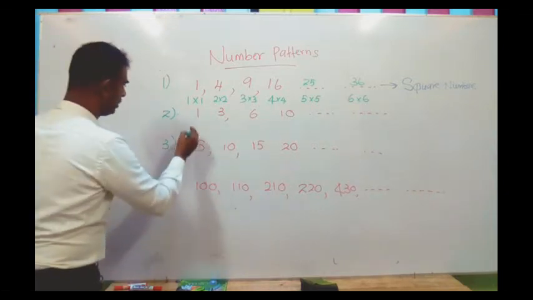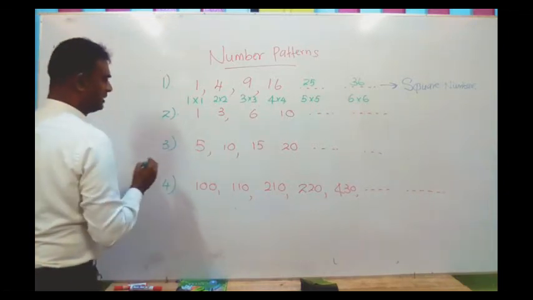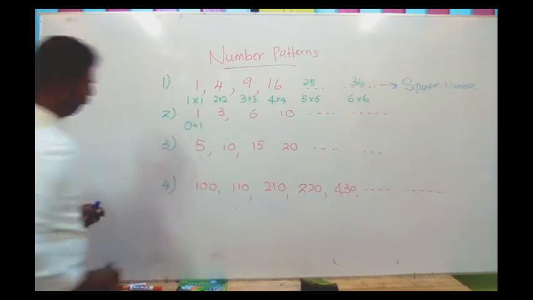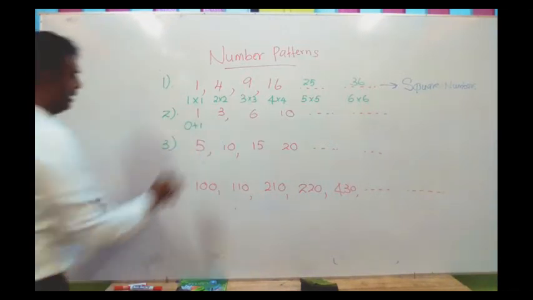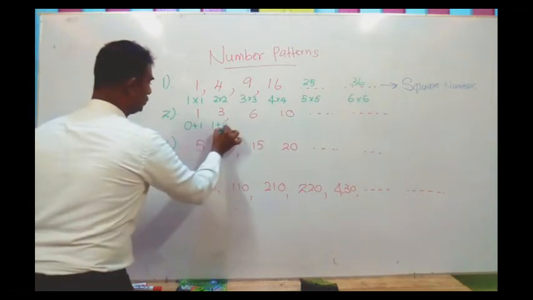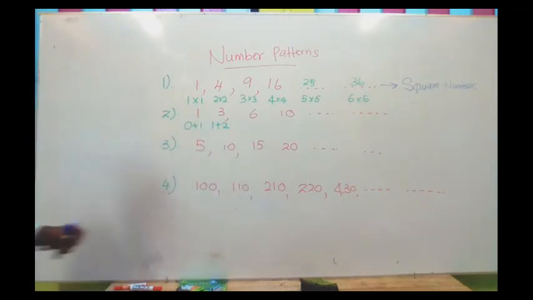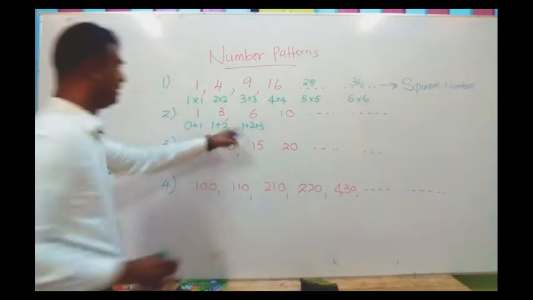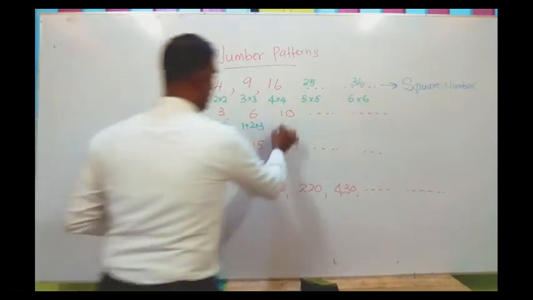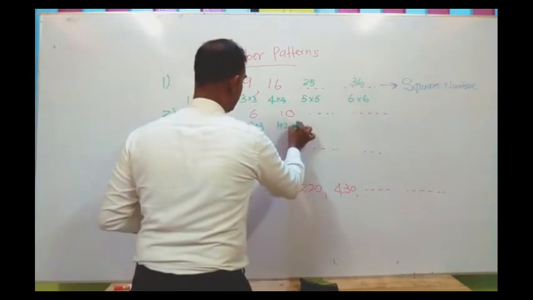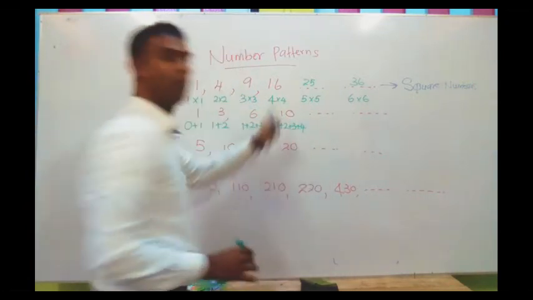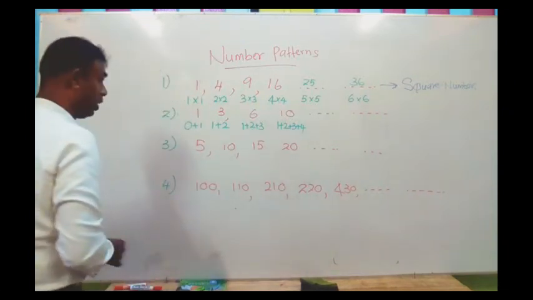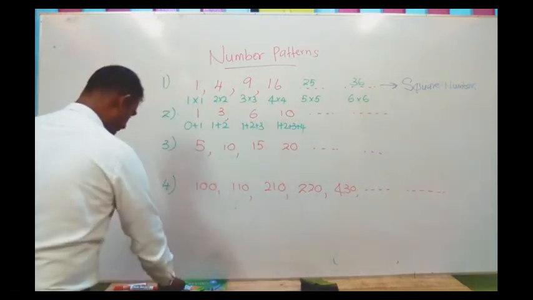Next one. I can see this pattern here: 0 plus 1, 1 plus 2 is 3, 1 plus 2 plus 3 is 6, 1 plus 2 plus 3 plus 4 is 10. Now you can identify the pattern.